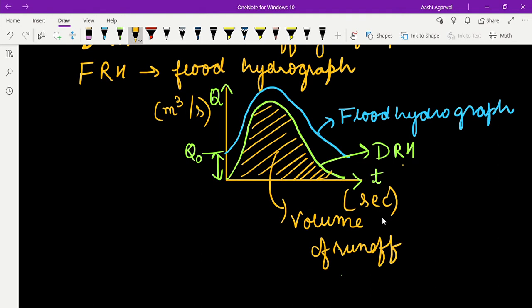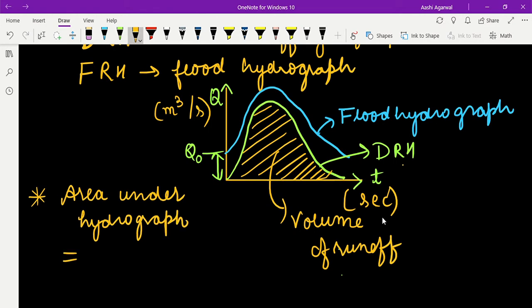How much volume of runoff has been generated from that particular catchment, that is what this area represents. So I can note down a very important point: the area under a hydrograph, be it a flood hydrograph or DRH or maybe a unit hydrograph, always tells you about the volume of runoff.